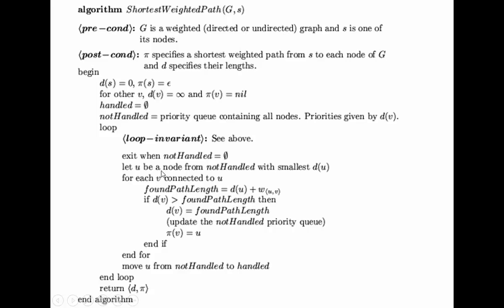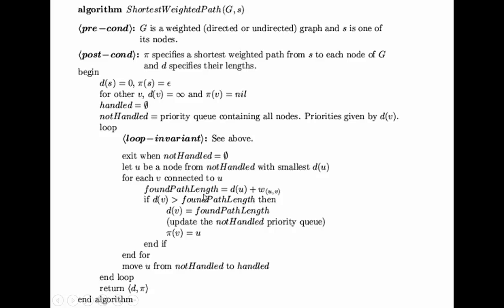How do we handle it? We look at every v if there's an edge. Here is U, we're going to handle it. We look at every edge to v, right? And what do we do with that v? Well, we calculate the length of the new path from S to v.